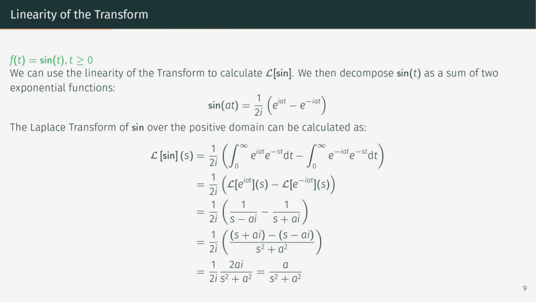And then going through the final algebraic steps, we can see that this equals 1 over 2i times 2ai over s squared plus a squared, which equals a over s squared plus a squared.